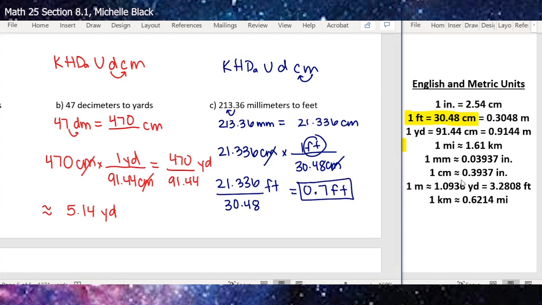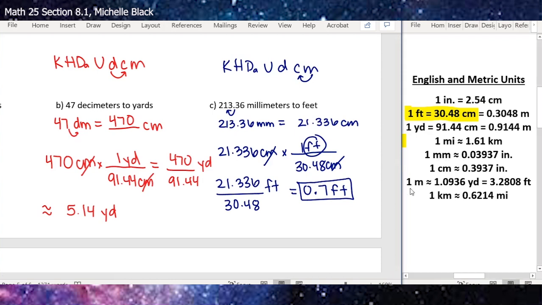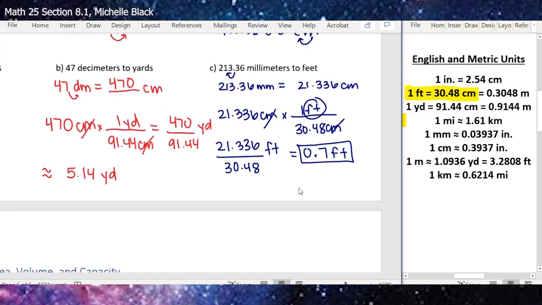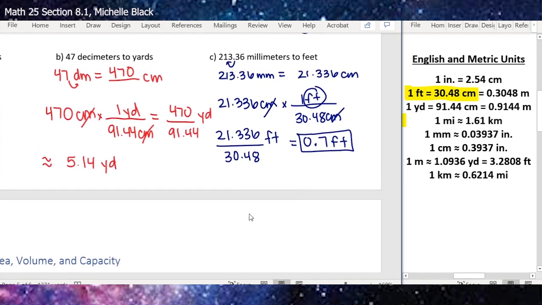And like I said, you could have also utilized the conversion here where it goes from millimeters to inches. So if that's what you tried, I'll do it down here. I could keep this 213.36 millimeters, and I'm going to use a unit fraction using this one.